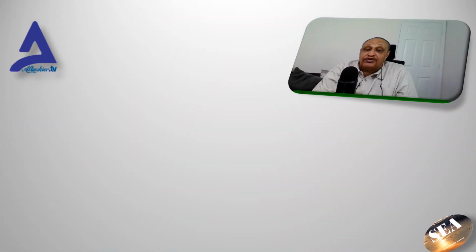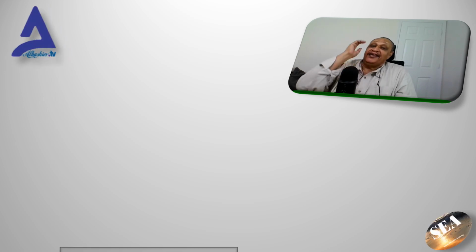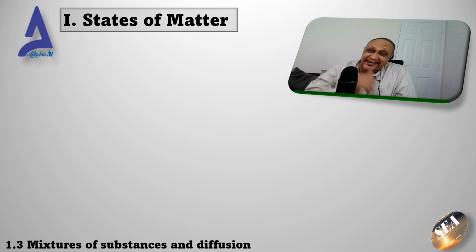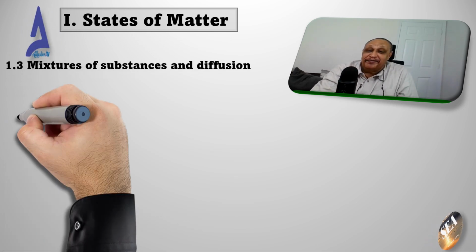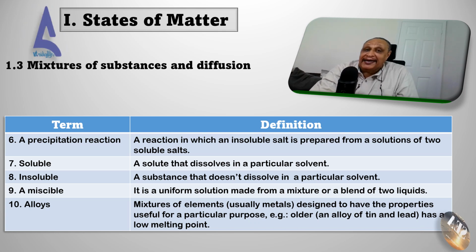The second group of terms starts with the following. Precipitation reaction. What does a precipitation reaction mean? It is a reaction in which an insoluble salt is prepared from a solution of 2 soluble salts.